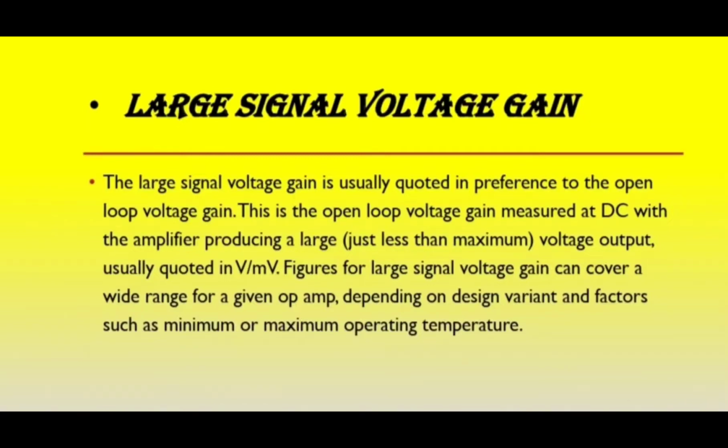So it is also covered under the open loop voltage gain, with the amplifier producing a large, just less than maximum voltage output, usually quoted in V/mV. It is the gain that produces a peak-to-peak signal output equal to the difference between the positive and negative supply voltage, measured in dB.